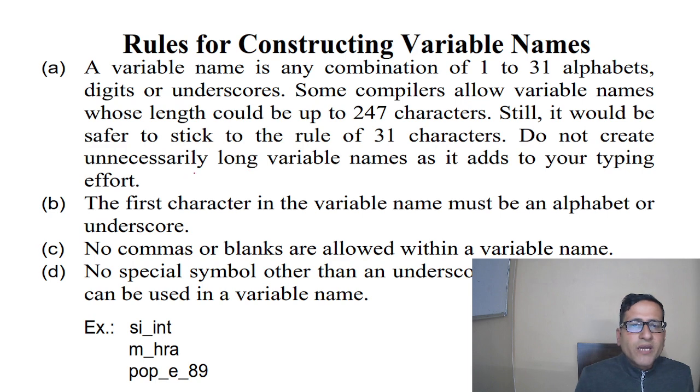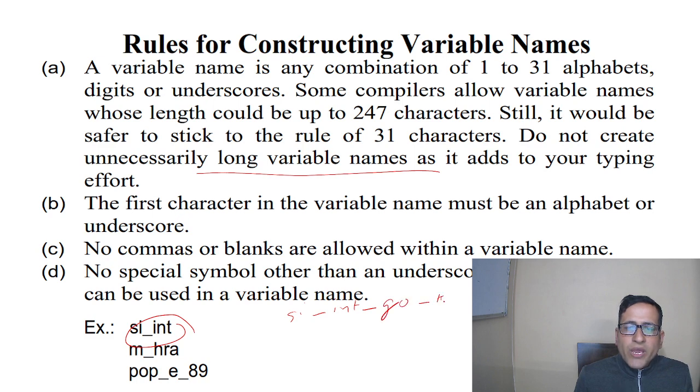Do not create unnecessarily long variable names. It is favorable to set a short name. Short names are preferable, not like SI, INT, GO, KL. What is the use of these long names? Complication increases if we use long variable names.